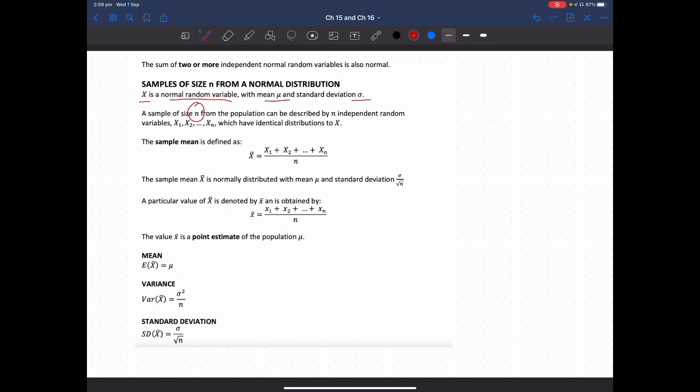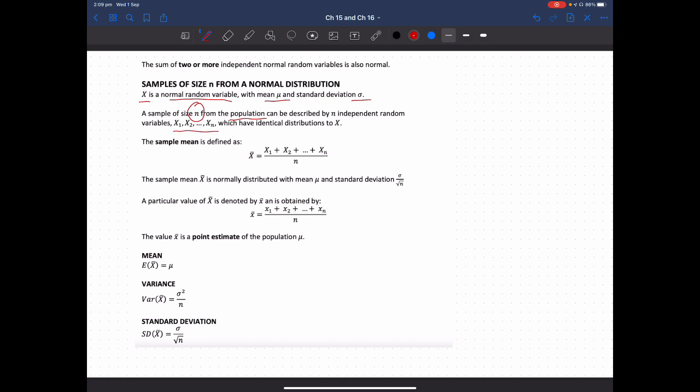So what are we looking at? A sample of size n from the population. The population was all of Forest Hill students. The sample was by taking out a group of Forest Hill students. Can be described by n independent random variables.